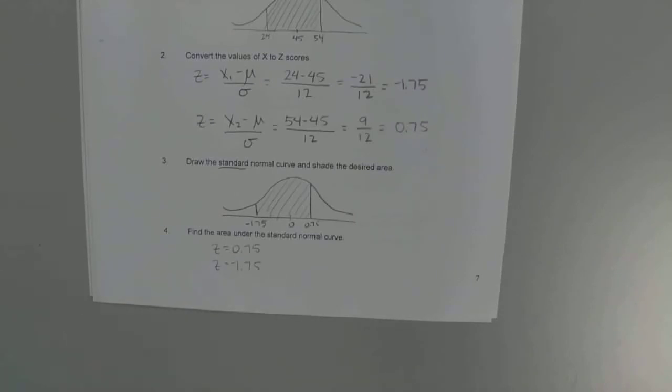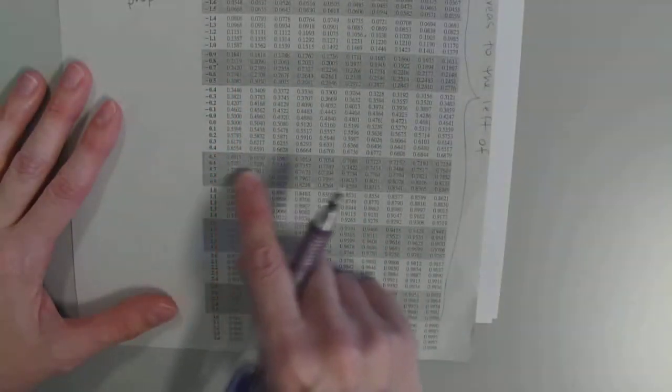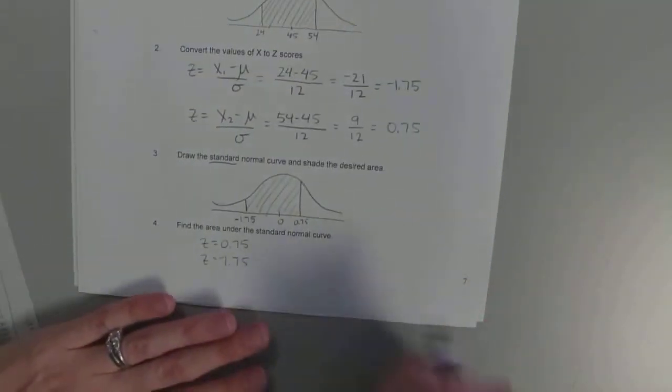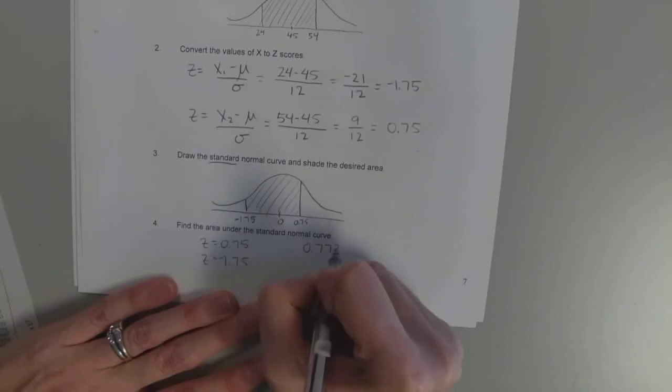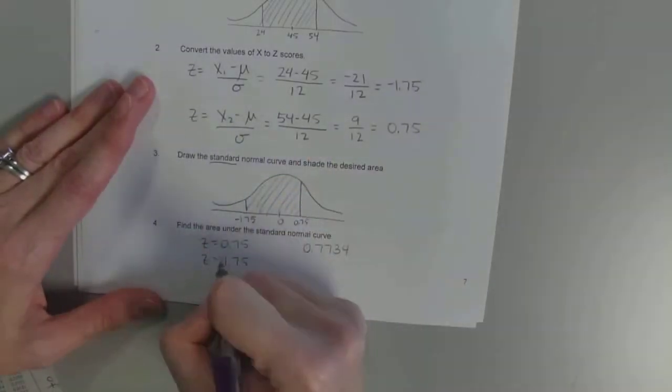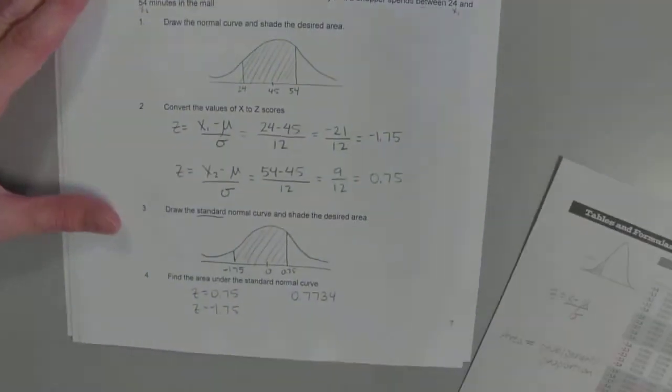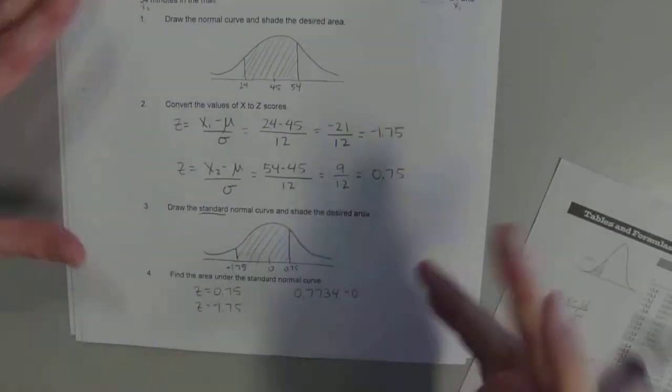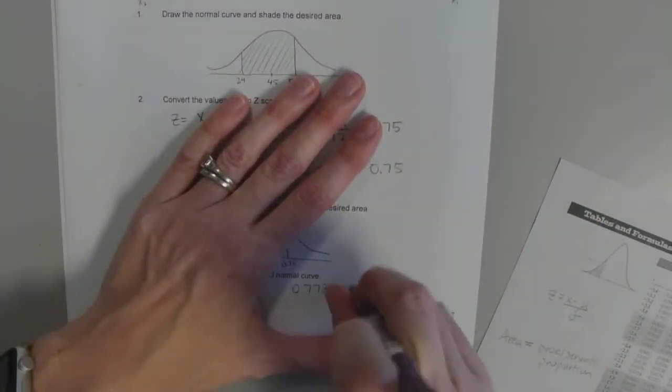So, again on our chart, guys, we're just going to go down to 0.7 and scroll over to the 5th column. When you do that, do you guys get 0.7734? And then when you go to negative 1.75, that means you go down to negative 1.7, and then you scroll over to the fifth column.